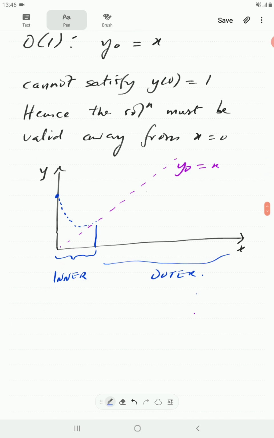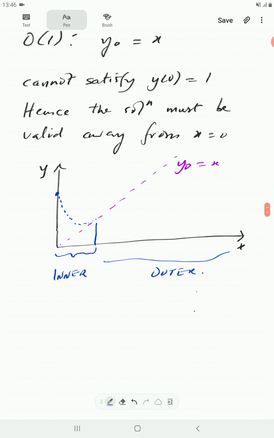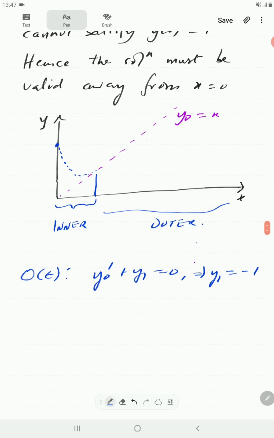Now, continuing with our regular perturbation solution, at order epsilon we have y0 prime plus y1 equal to 0. Remember, y0 is equal to x, so y0 prime is 1. So this is telling us that y1 is going to be -1.